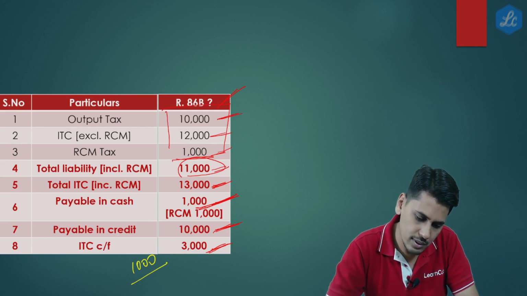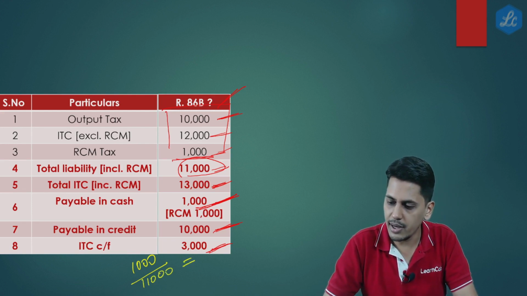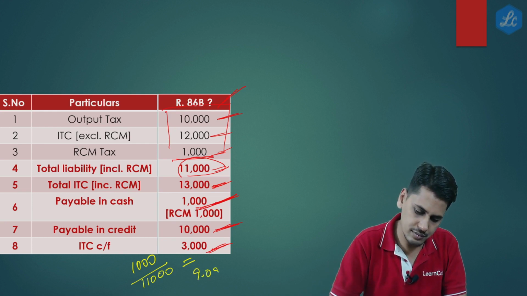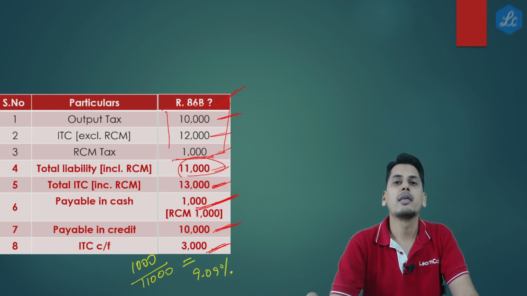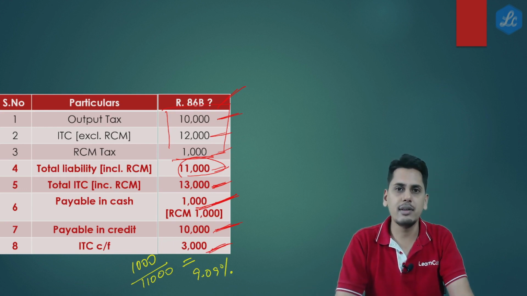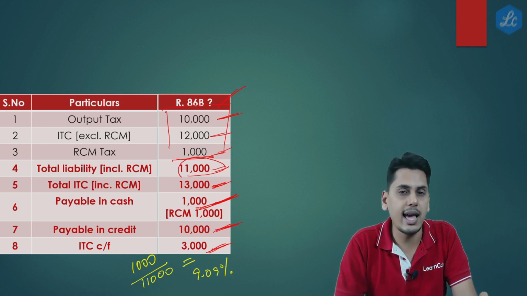Total liability is 11,000, which means that 1,000 divided by 11,000 is 9.09%. I repeat, it is 9.09%. Of the total liability, I have discharged 9.09% through my cash ledger.